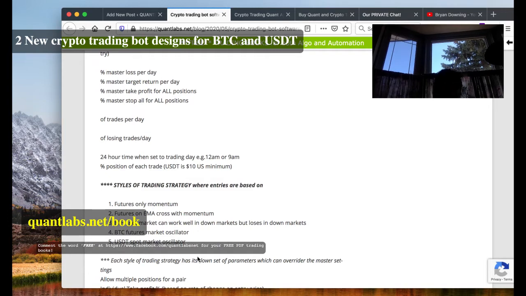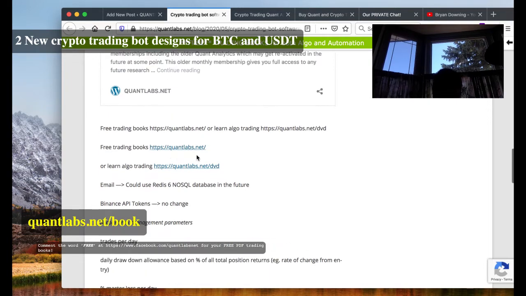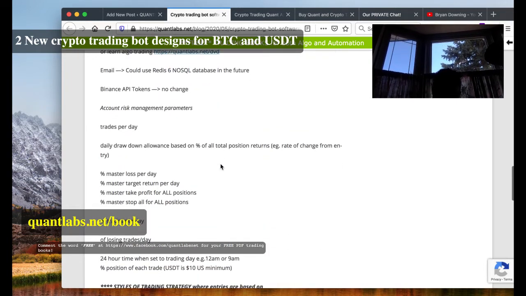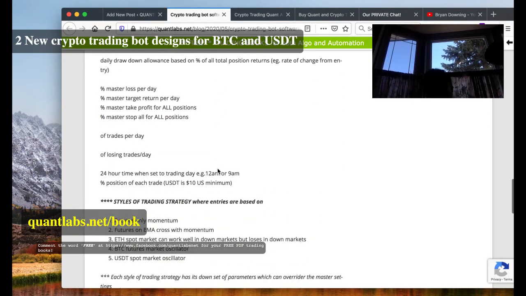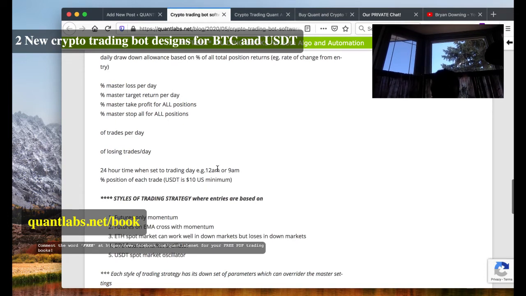So when you need to reset the bot for certain market conditions, you just terminate the bot, modify this, which will be in the INI file format, which I show in the tutorial, and then you just relaunch the bot. It's as simple as that, because everything else will work out of the gate because you've got your email working, you'll have your Binance API tokens set up. So once you want to readjust your bot settings, you can do that.